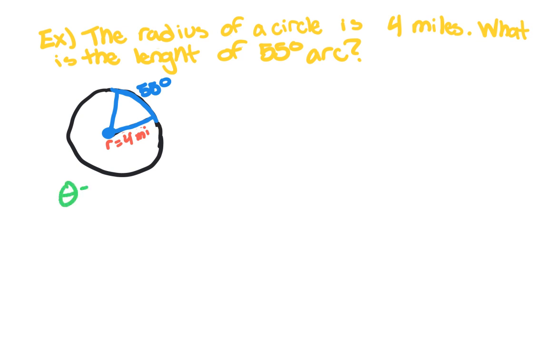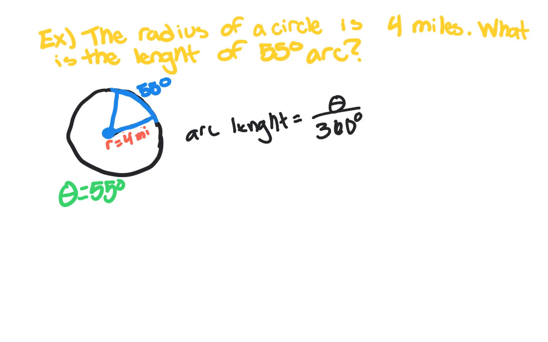If my arc is 55, then that means theta is 55 degrees. And so our arc length equals theta over 360 degrees times 2 pi r.